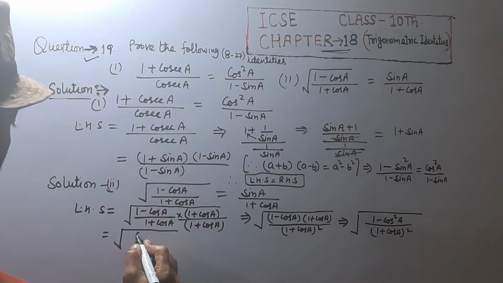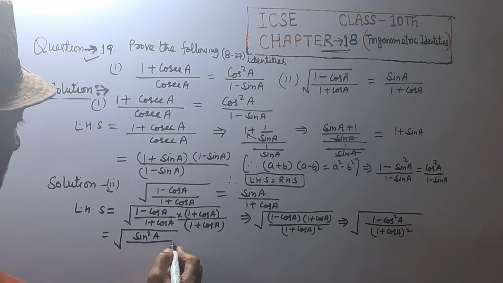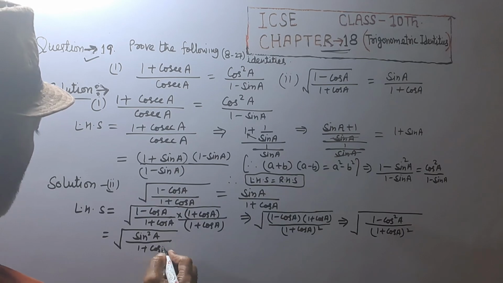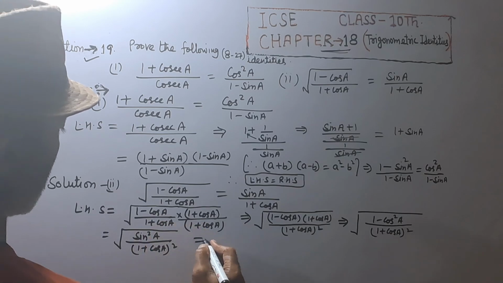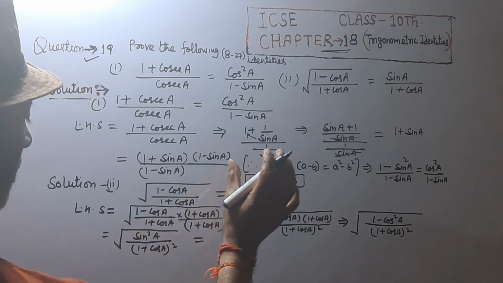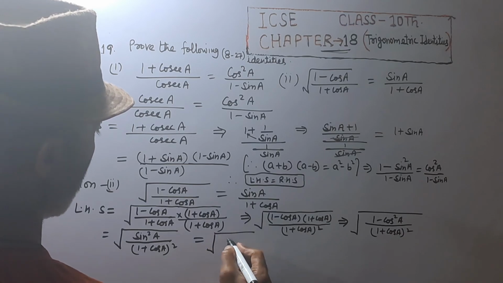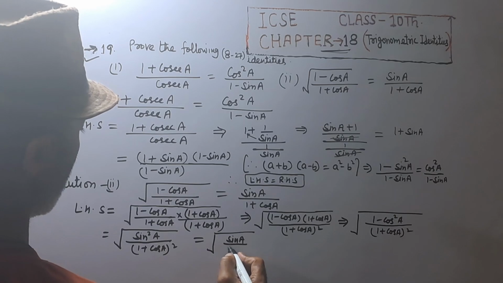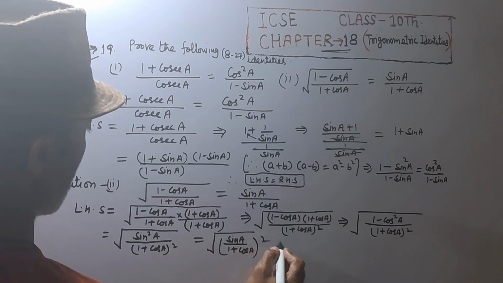Under root of sin square A divided by 1 plus cos A raised to power 2. Denominator square, numerator square, we can write this as numerator upon denominator raised to power 2. Under root, the numerator is sin A and the denominator is 1 plus cos A all raised to power 2.